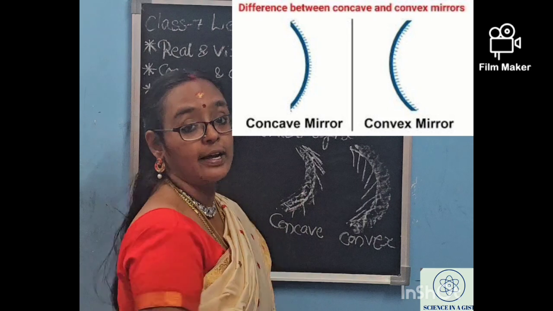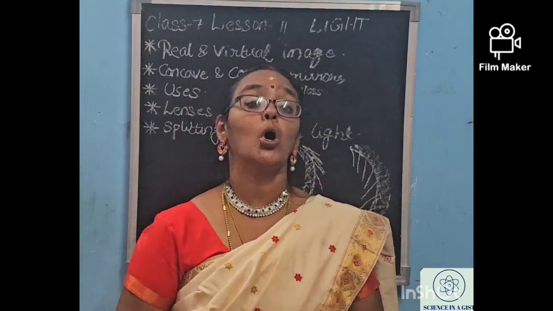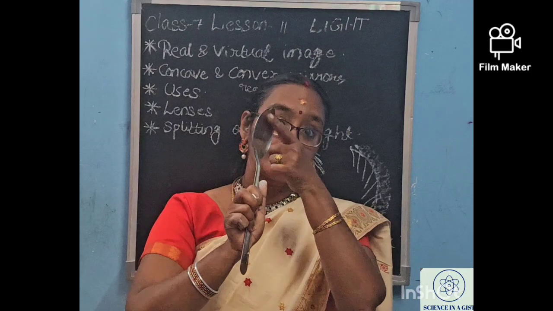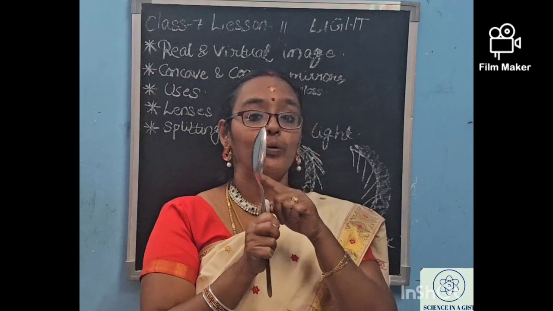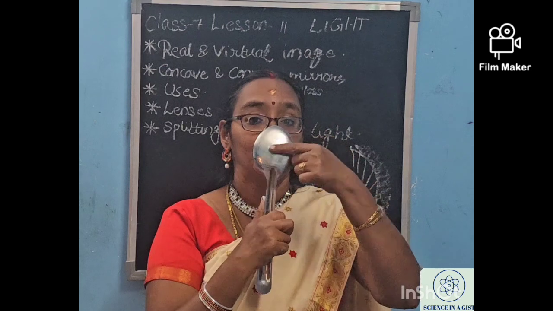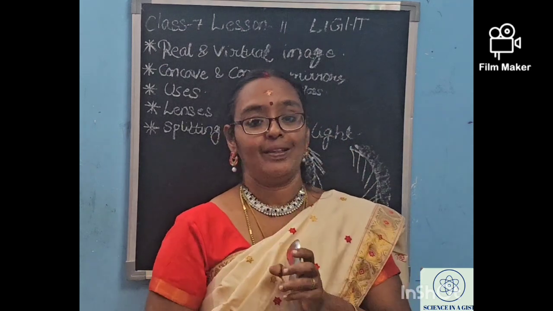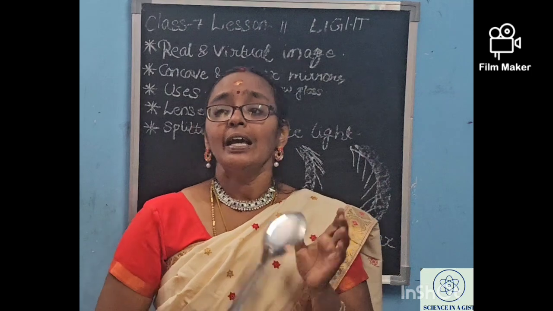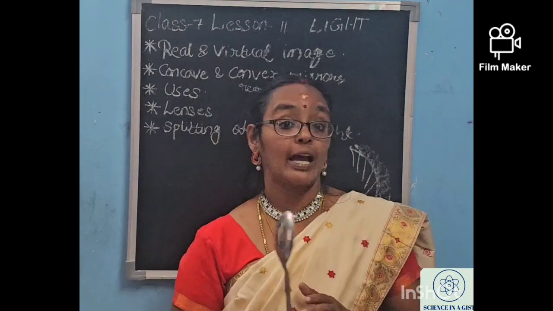So two kinds of mirrors are there: concave mirror and convex mirror. Here, in the case of the steel spoon, this is the concave mirror and this is the convex mirror. These are the two types of mirrors. In these two mirrors, images can be formed.